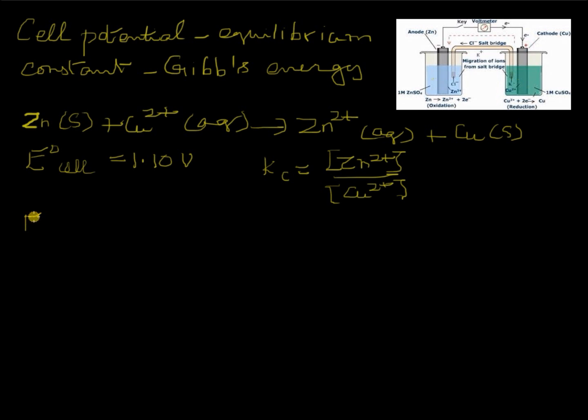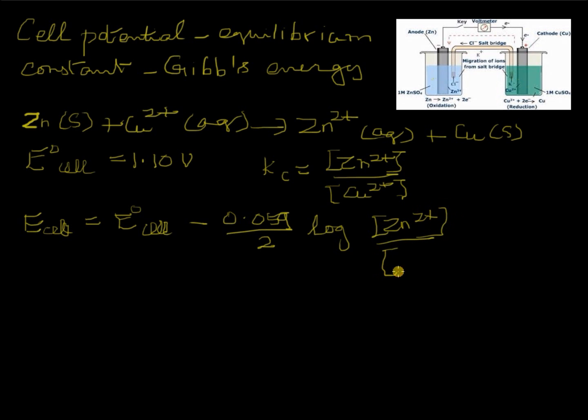Now the Nernst equation can generally be written as E cell is equal to E0 cell minus 0.059/2 log [Zn2+]/[Cu2+] for this galvanic cell. At equilibrium, there are two changes that we can make to the above equation.